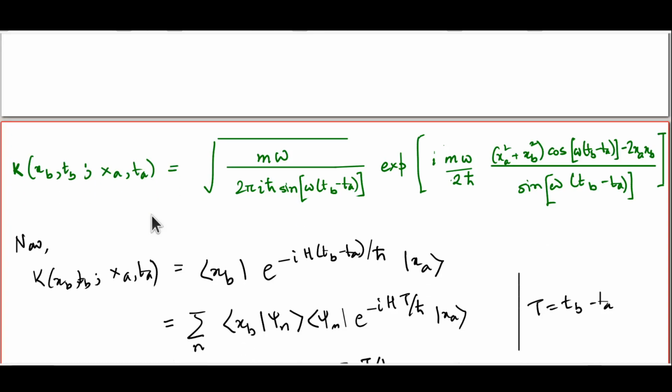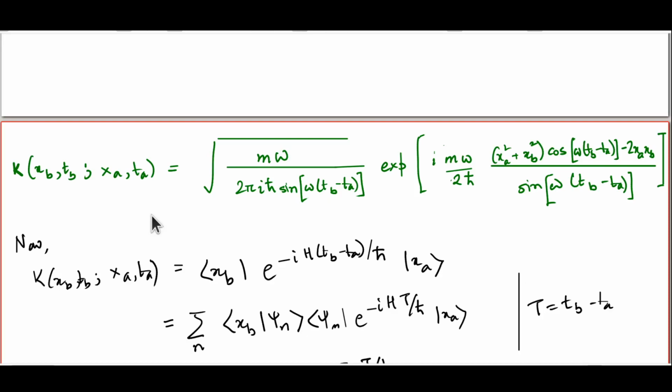This can be rewritten by using the resolution of the identity in terms of the eigenstates of the Hamiltonian. So here the ket psi n is an eigenstate of the Hamiltonian H corresponding to eigenvalue En, and ket psi n bra psi n summed up over all n is simply the identity.